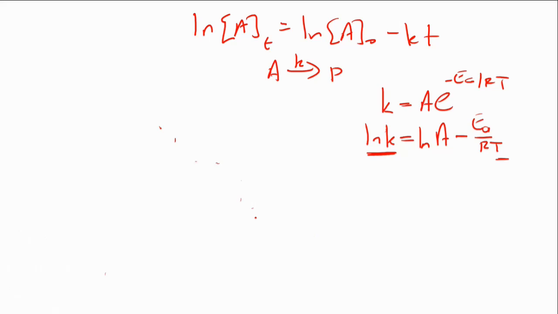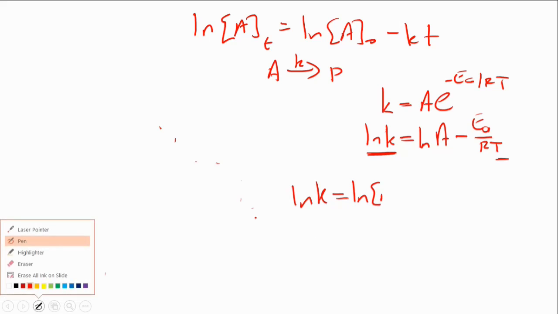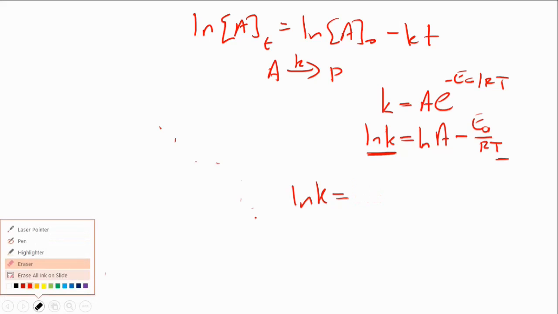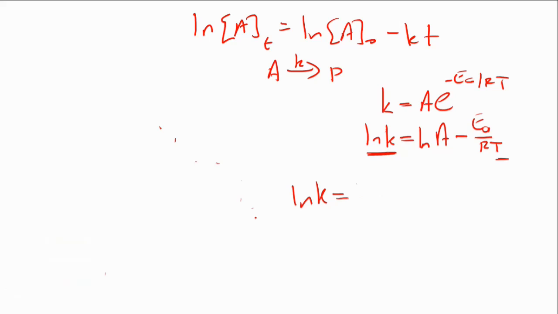Now, this equation can be rewritten as ln K is equal to ln A minus EA, activation energy that is, over R times 1 over T. This equation here is the same as this one.